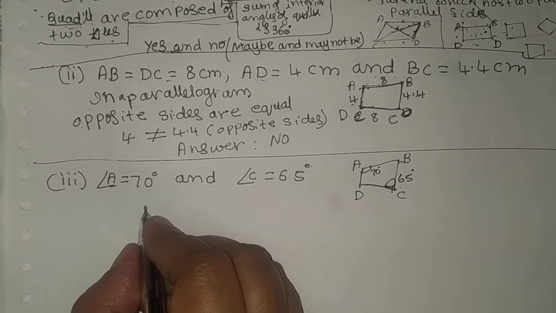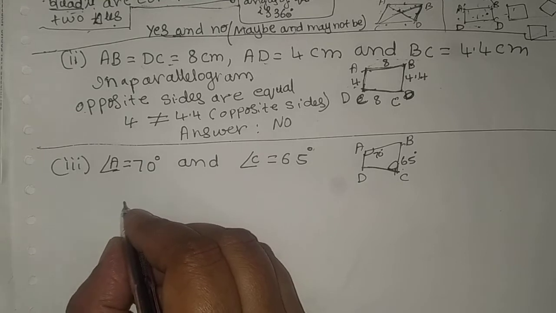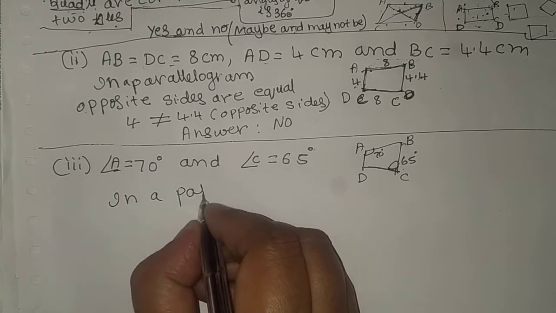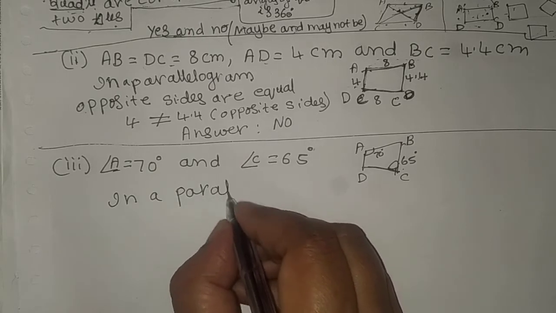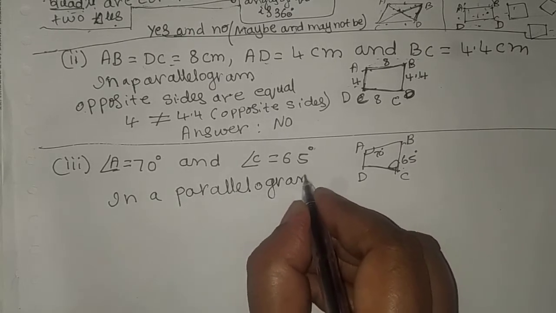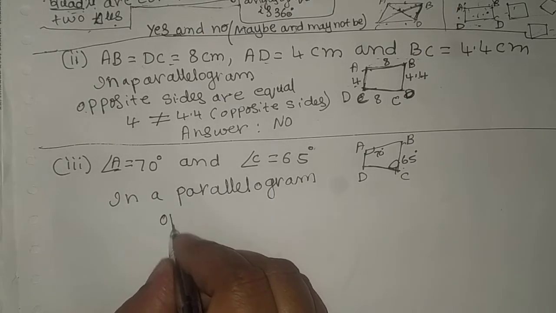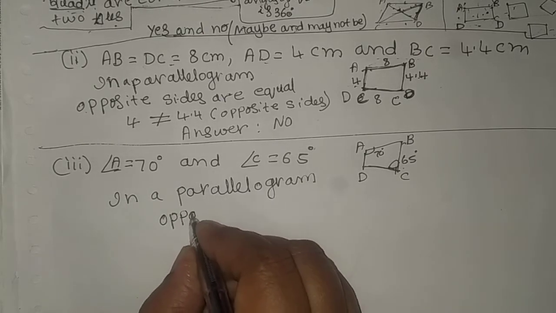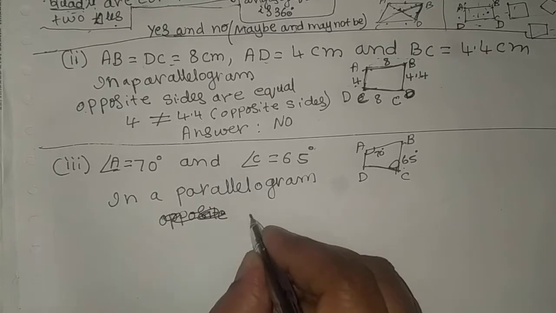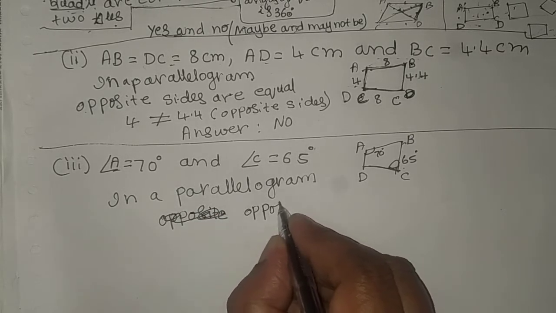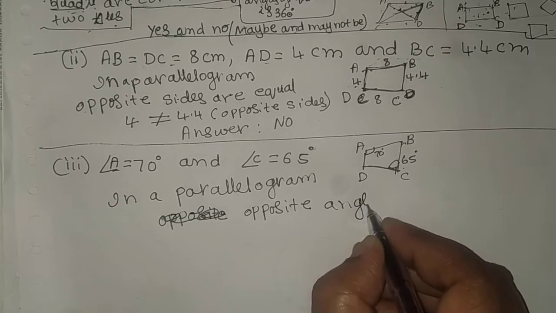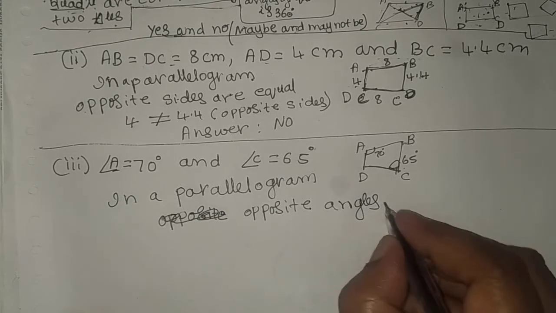What we write here also, answer is no, because the condition in a parallelogram is that opposite sides are equal and opposite angles are equal. In a parallelogram opposite angles are equal.